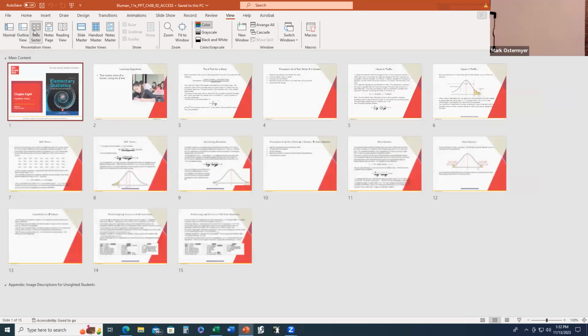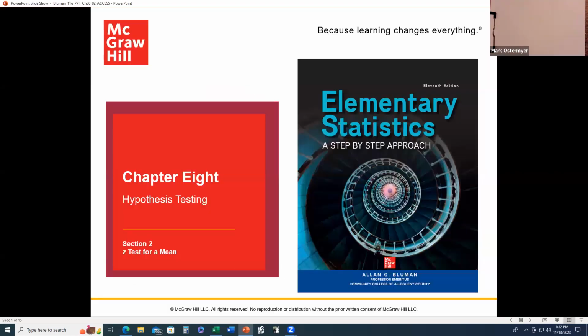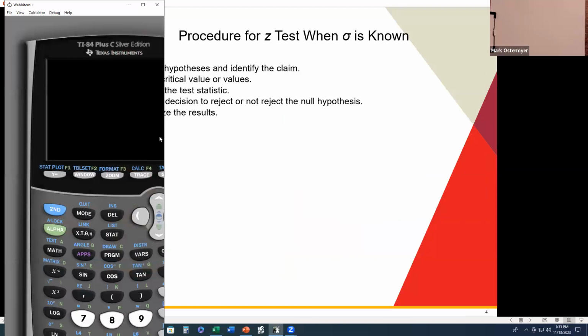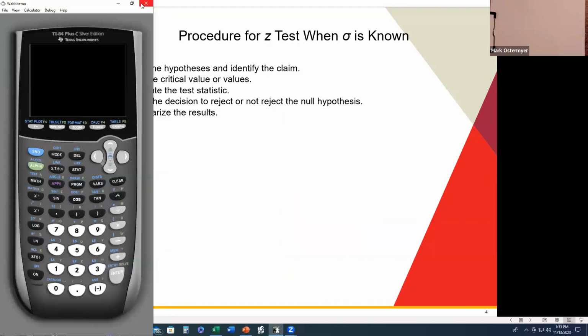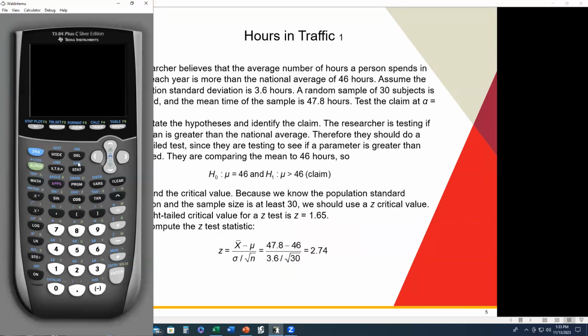Normal view. Well, let me ask you this. Can you guys see my calculator up here or not? Yep. You can see it.